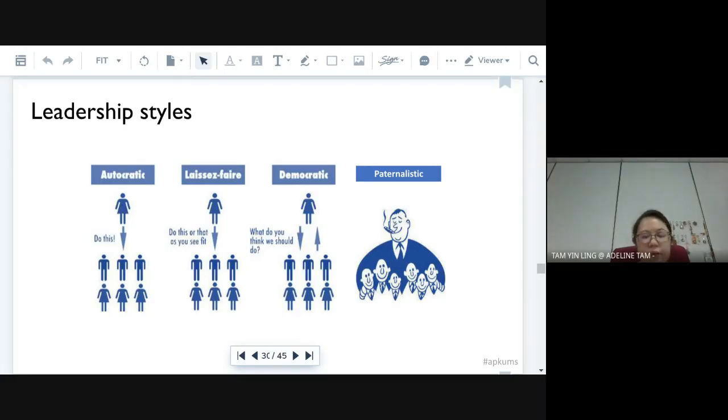So this is more like a boss, autocratic. Beri arahan, bos akan beri arahan dan pekerja akan ikut arahan sahaja. They follow the instructions without asking why we want to do this, without giving feedback, and without the freedom to decide what to do. So this is autocratic, mostly in the army or the police. They do this because of the nature of the organization, which requires this type of leadership style.